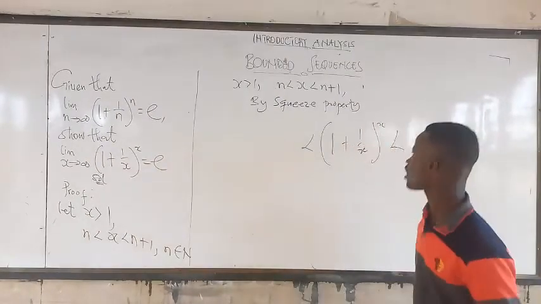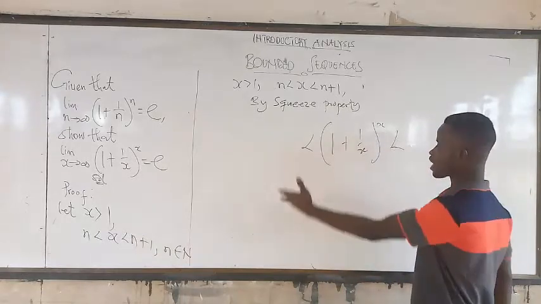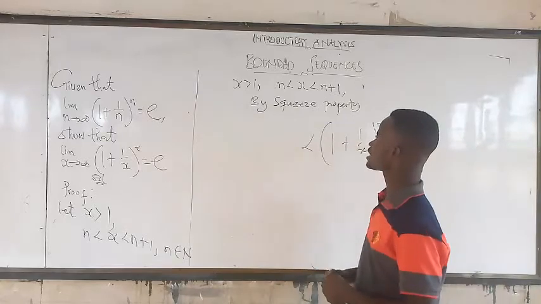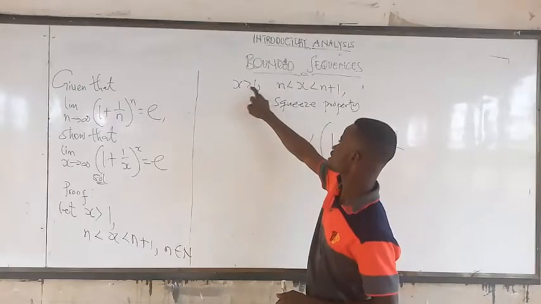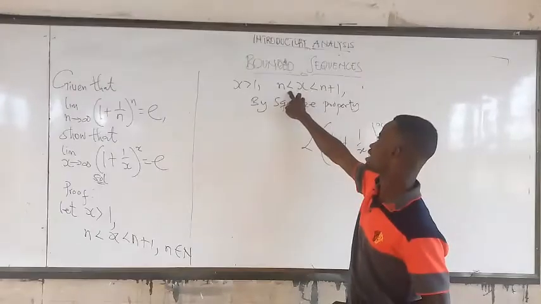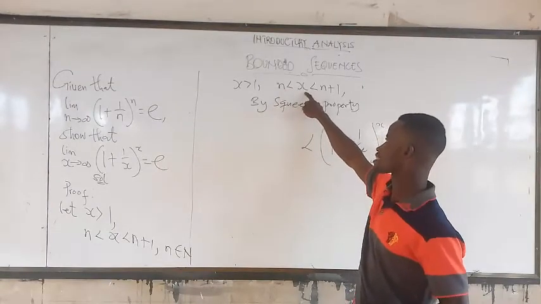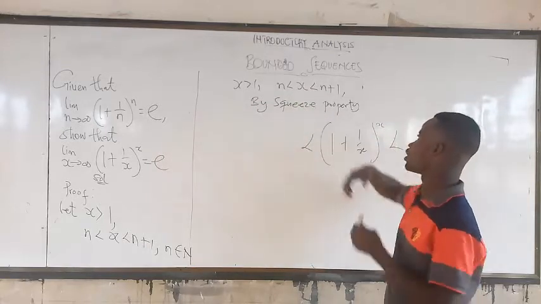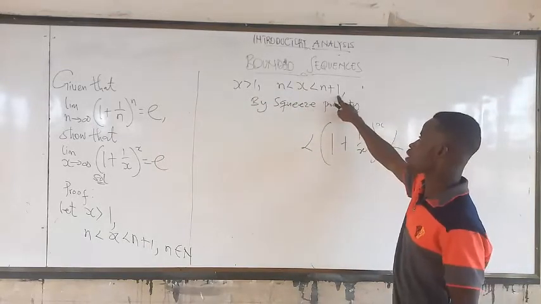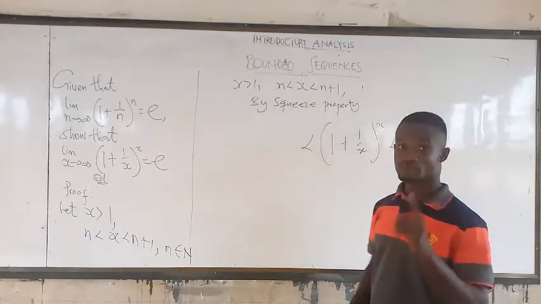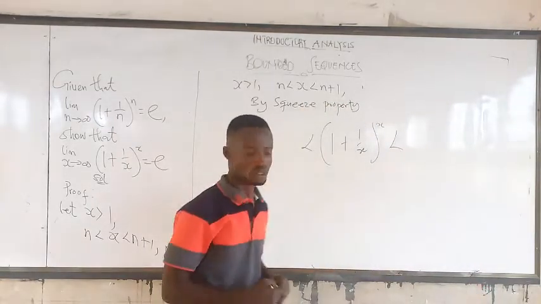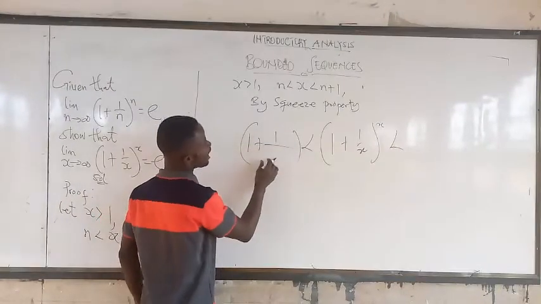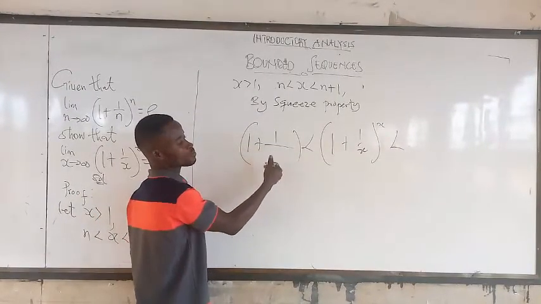Very good. So now, let's look at the left hand side. For us to say that x is greater than 1, and n is less than x, or n plus 1 is greater than x, this means that 1 plus 1 over the n here is going to increase by 1.